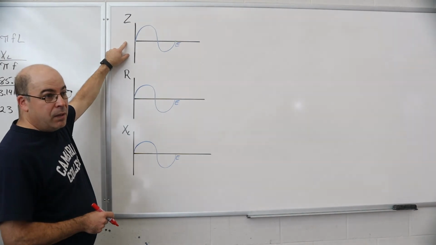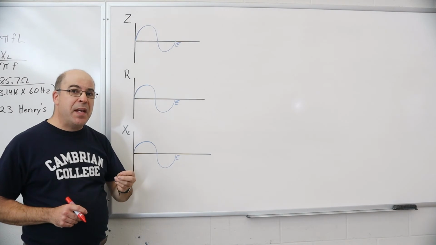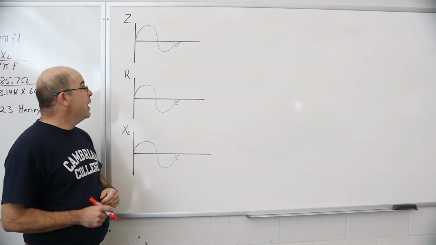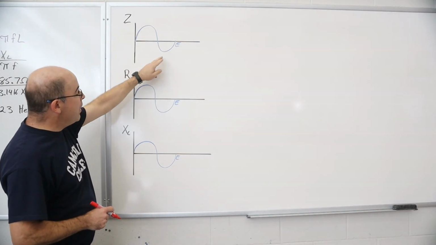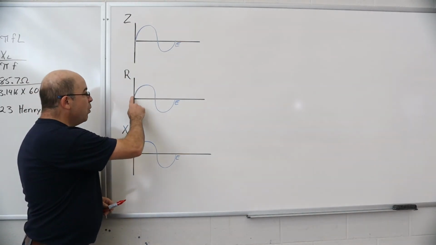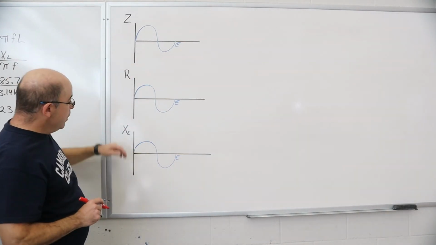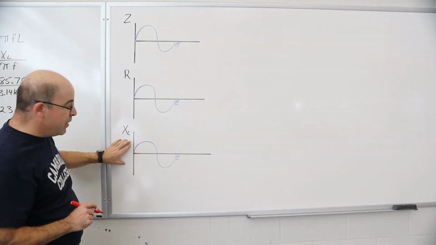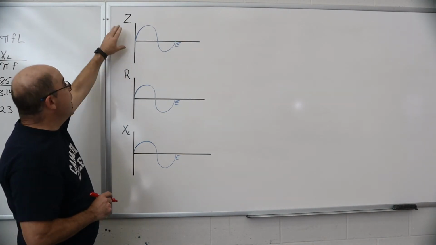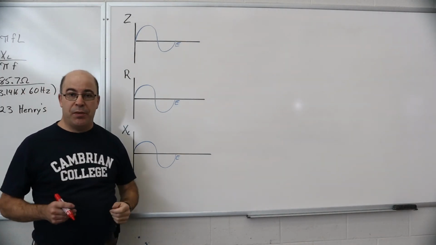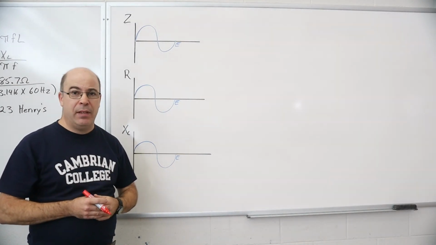Because this is a parallel circuit, and one of the rules that govern a parallel circuit is that the voltage is the same at any branch of the circuit, I've gone ahead and drawn in a blue waveform to represent the voltage. And you'll notice that the waveform is identical in each of these displays. XL is going to represent the inductive branch, R will represent the resistive branch, and Z will represent the total circuit. Now I'm going to use red to indicate the current relationship.